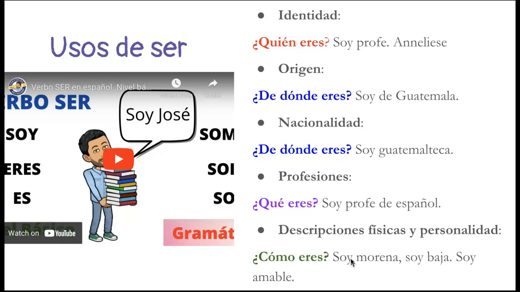So bajo, baja can be used for height. And then for personality, soy amable, I'm kind. Or any other description, soy inteligente, I'm intelligent. So notice that you use ser to do physical descriptions or personality descriptions when you're talking about somebody's identity.